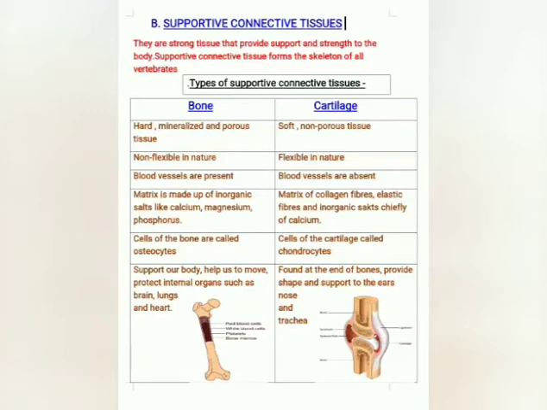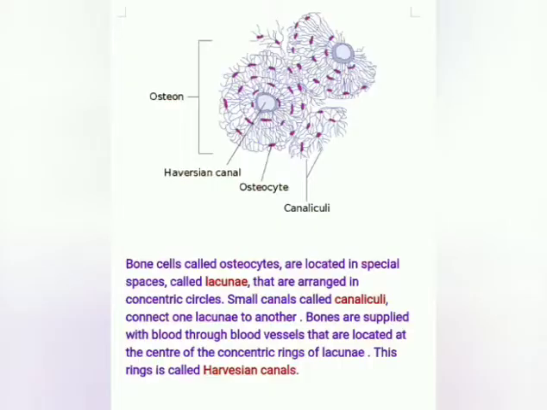It is made up of inorganic salts like calcium, magnesium, phosphorus, which make the bone strong. Cartilage is a non-porous tissue and does not contain blood vessels, but it is flexible in nature. Cells of the bone are called osteocytes and the cells of cartilage are called chondrocytes.